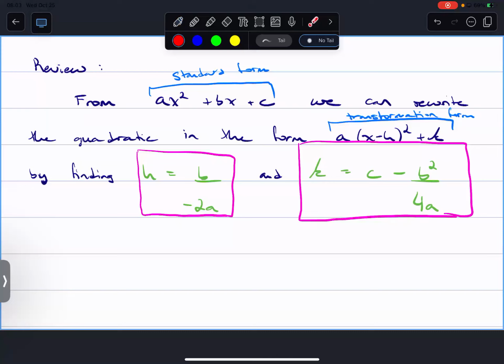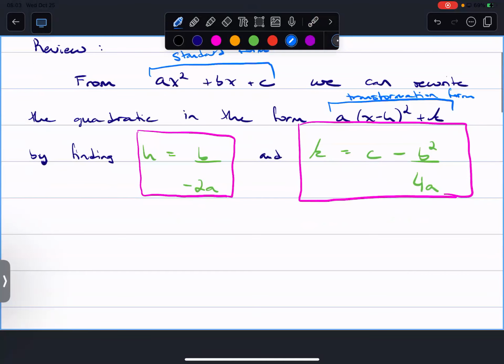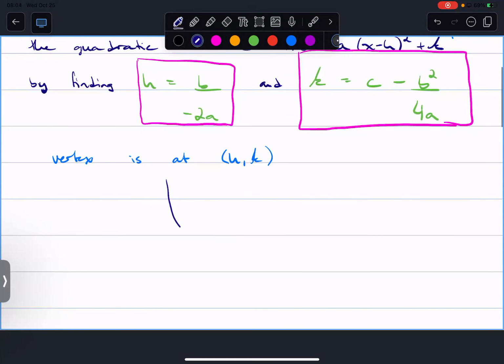Now, in transformation form, the vertex is when x equals h. And so we found that the vertex is at (h, k). What was another way that we could find k? We could say, if I have some quadratic, then I know in general the shape is going to look like this, like x squared.